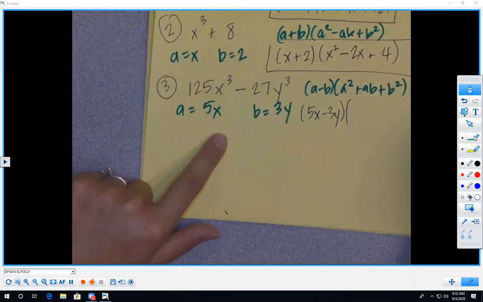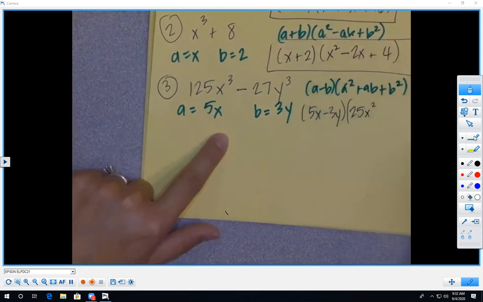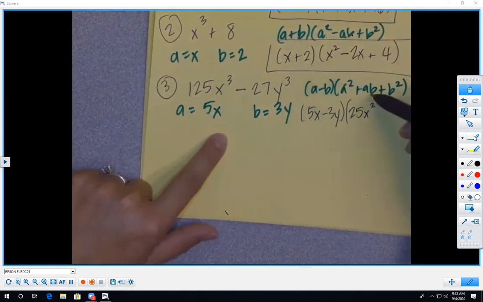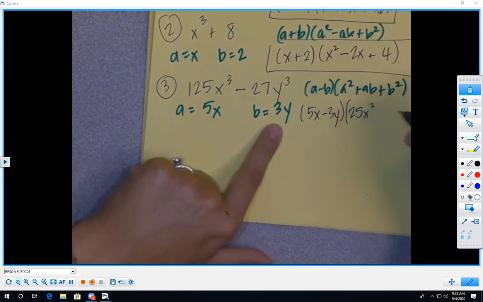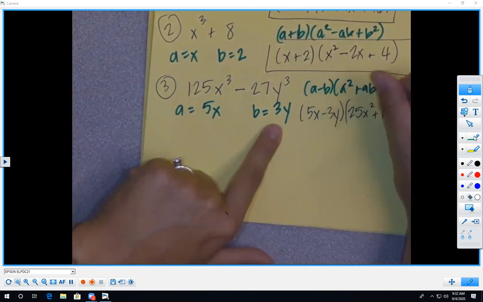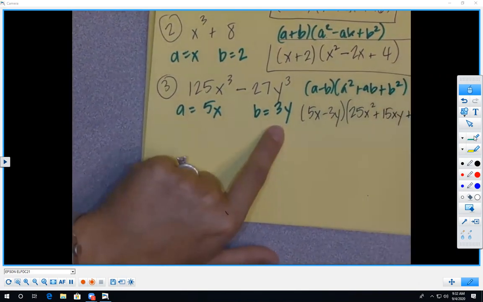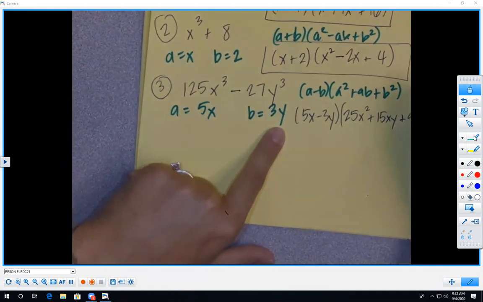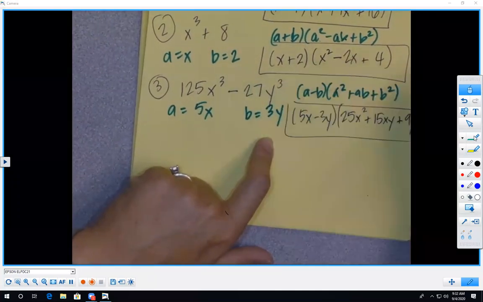What would that be? 25x squared. Plus ab, what's 5x times 3y? 15xy, so plus 15xy. And then plus b squared, you have to square the 3 and square the y. 9y squared. And that's your answer.